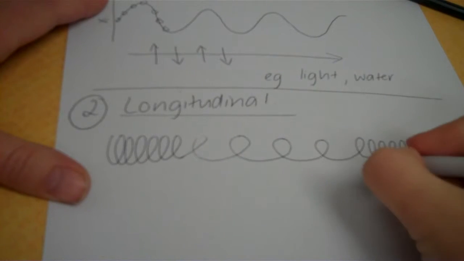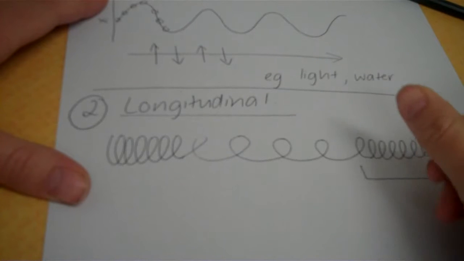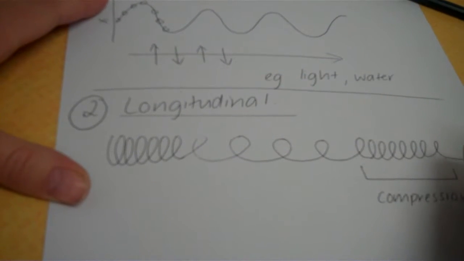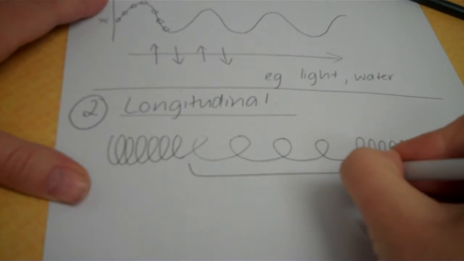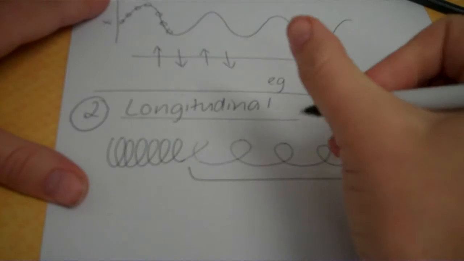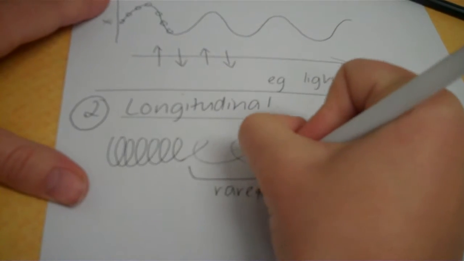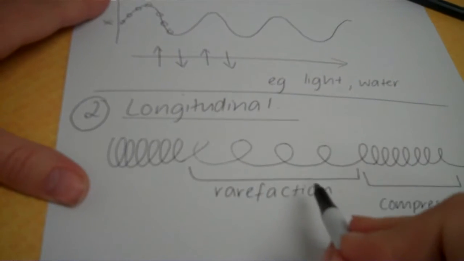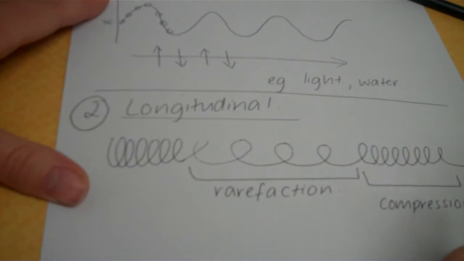What we call these areas where they're compressed are compressions. Nice and easy. These areas where it's more stretched out, where the particles are not as close together, are called rarefaction. So you've got rarefaction here, areas of rarefaction and areas of compression.